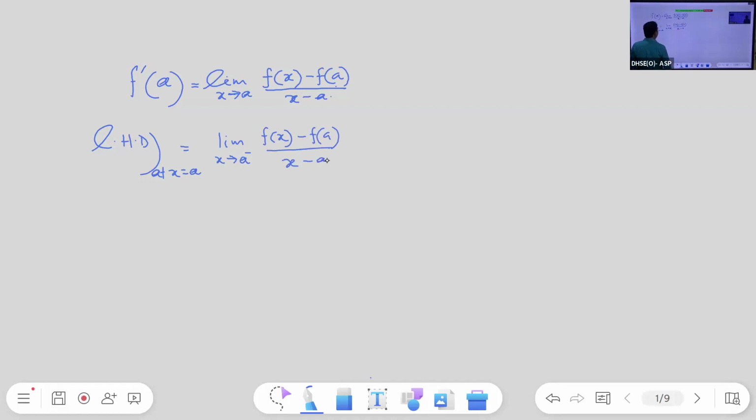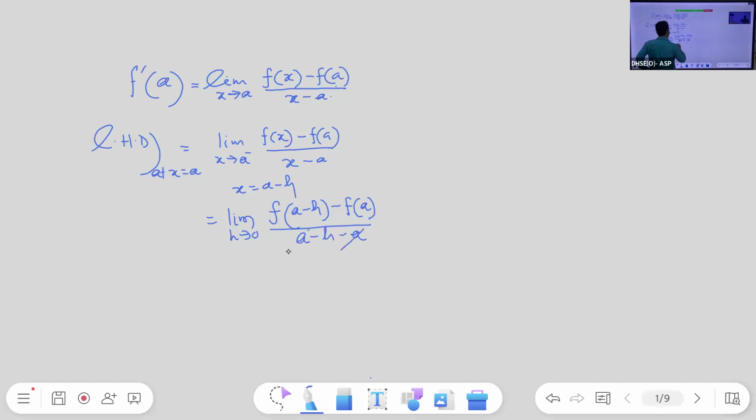All of you know how to find the left hand limit of a function. Since x is approaching a from the left hand side, we can substitute x is equal to a minus h, where h is a very, very small positive number, in the given function. So that will be limit extending towards 0 plus, normally it is written as limit extending towards 0, of f of a minus h minus f of a upon a minus h minus a.